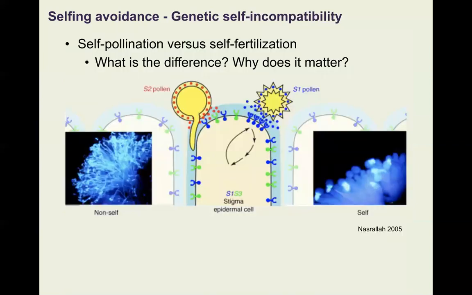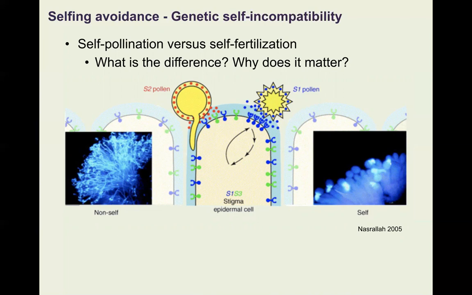Another way to ensure outcrossing is more of a genetic component. Pretty neat process, it goes by the simple name of self-incompatibility. So I'm calling it genetic self-incompatibility, but it's often referred to as SI or self-incompatibility in flowering plants.